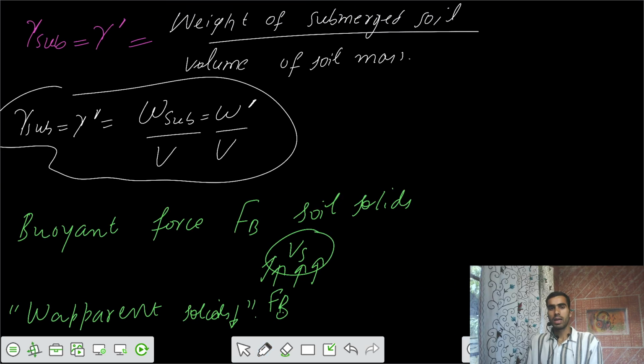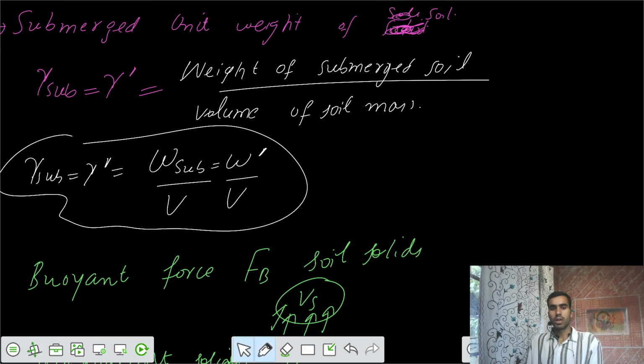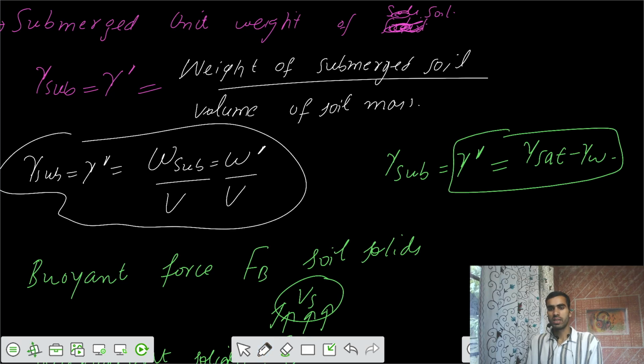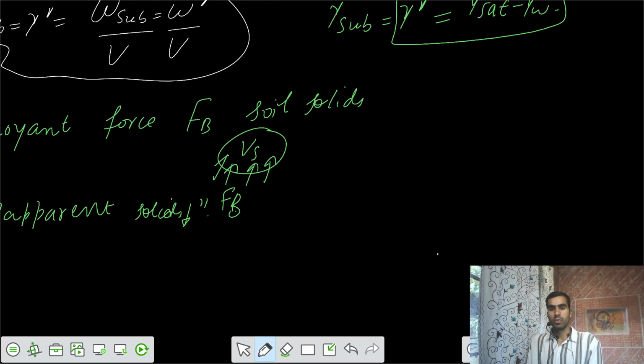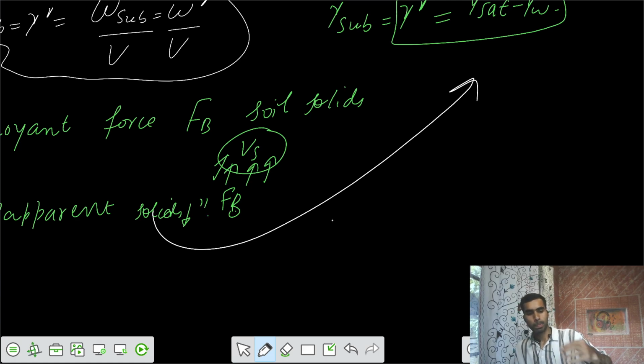Based on that, the equation for gamma submerged, gamma dash, is equal to gamma saturated minus gamma W. Gamma sat minus gamma W. Based on this concept, we derive this equation. Okay.